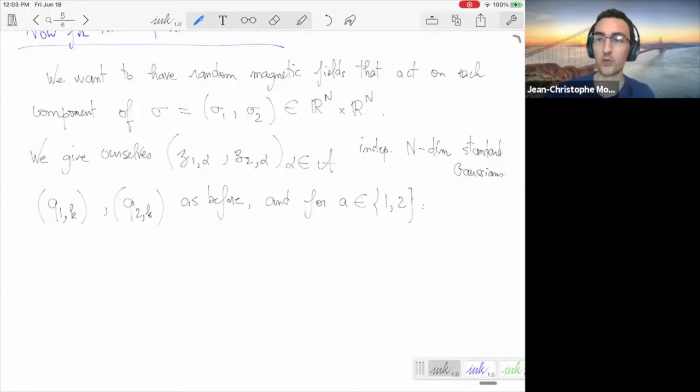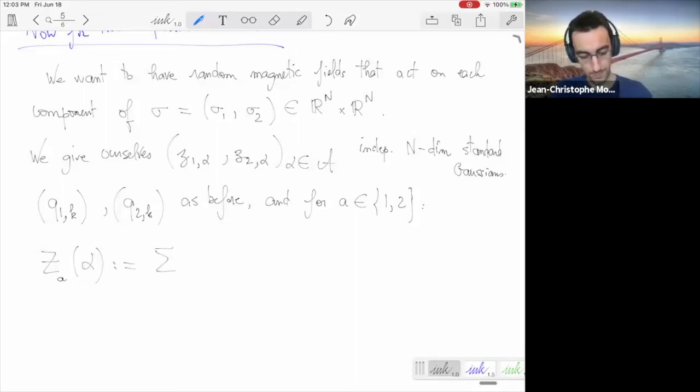So I'm going to use the letter A to denote an index, which is either 1 or 2. So there was this Z, I noted them ZQ of alpha last time, but I'm going to keep implicit that they depend on Q. I'm just going to record if it's supposed to go with the sigma 1 or with the sigma 2. Okay, so it's Z1 and Z2, so ZA in this notation.